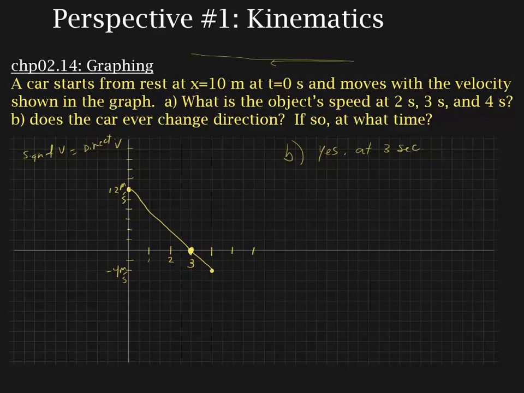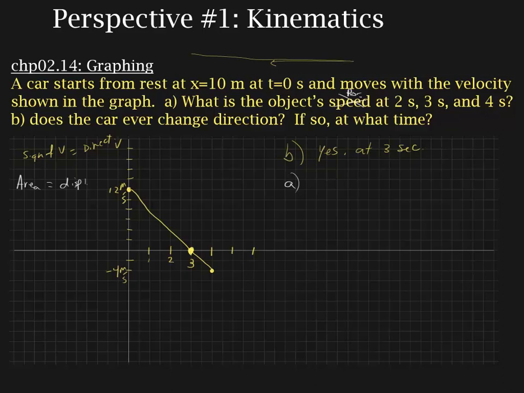Okay, now question A is a little bit trickier. If you recall, the area under the curve of a velocity time graph is equal to the displacement. The problem is we want to know the position, for which I've got a typo here.